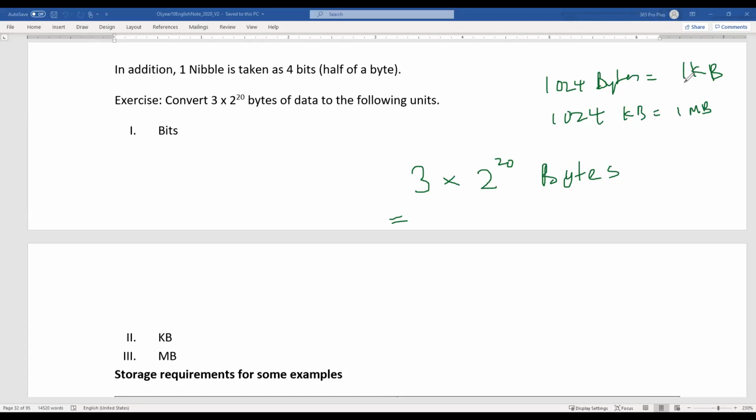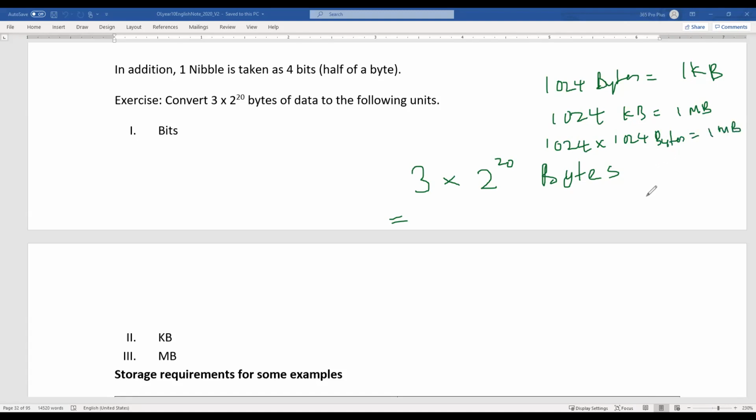Since 1 kilobyte is 1024 bytes, 1 megabyte is 1024 into 1024 bytes.